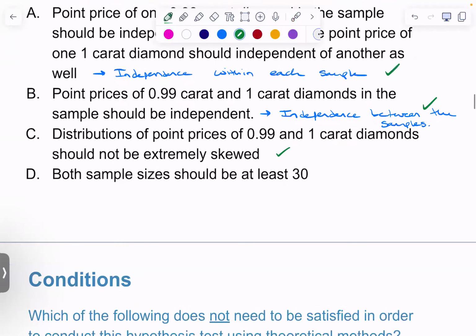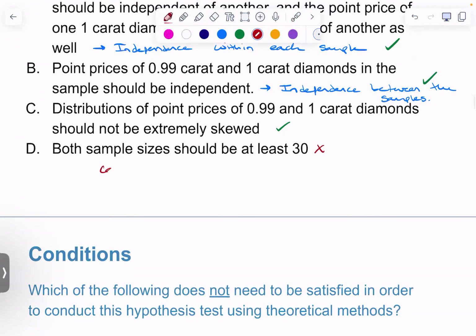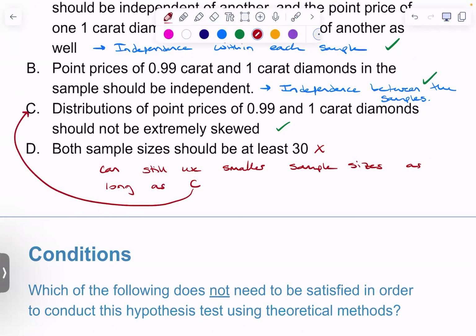And so here, we can still use smaller sample sizes as long as C, which is this guy here, is satisfied.